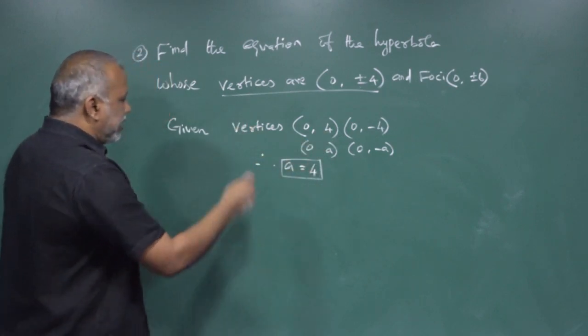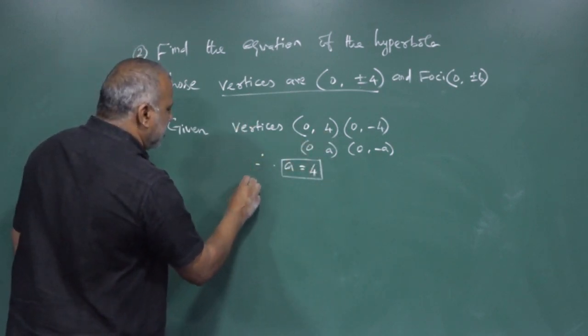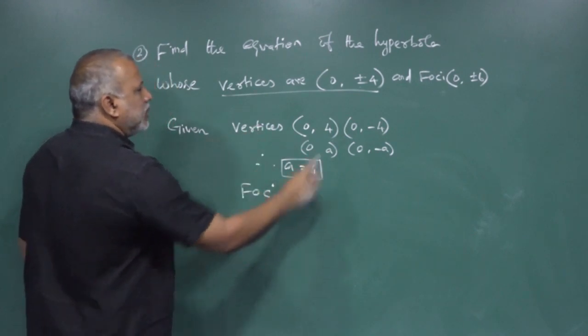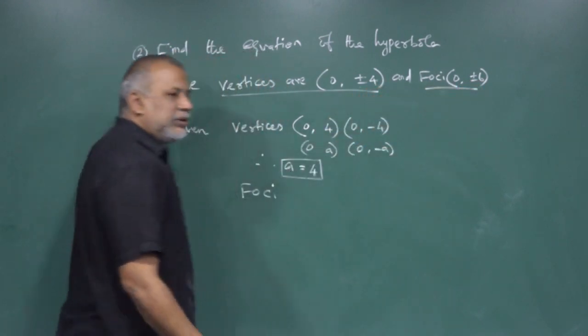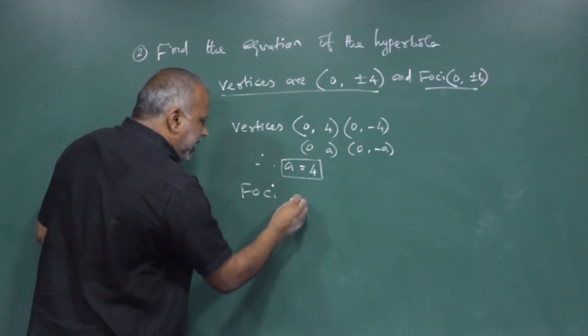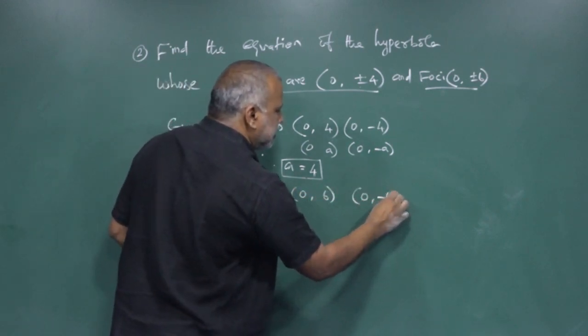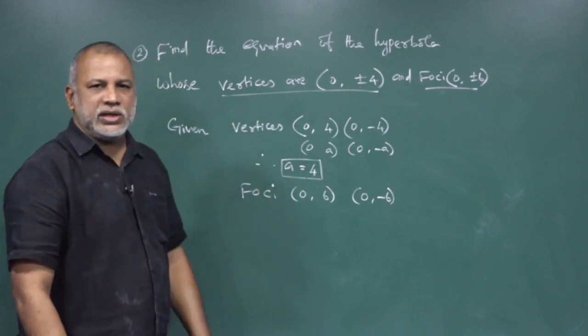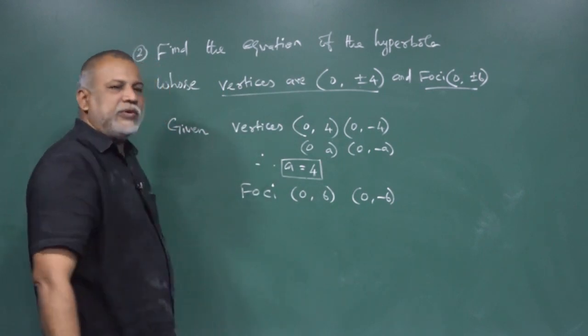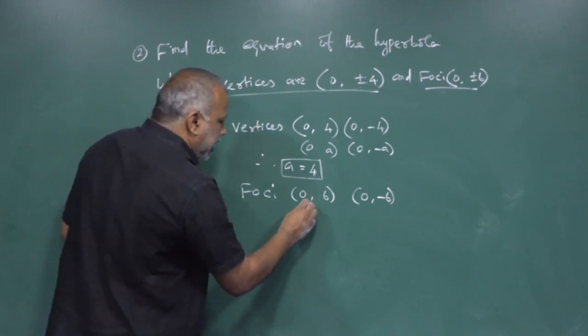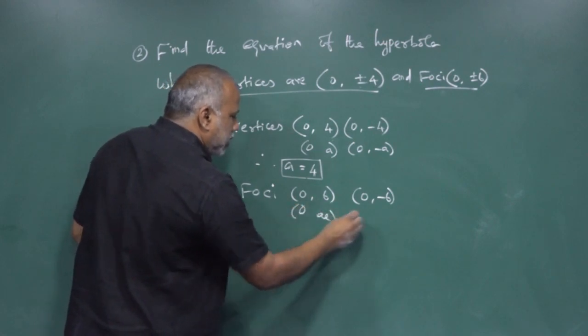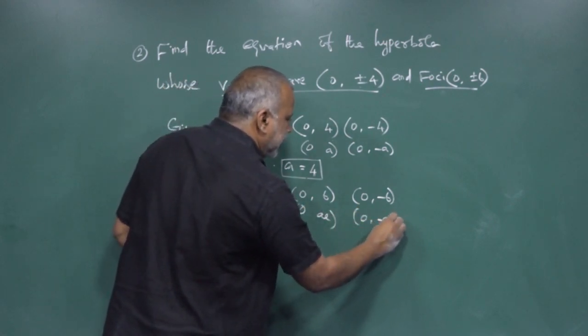In the same way, another one is given: foci are 0, plus or minus 6. So I can write like this, 0, 6 and 0, minus 6. For comparison, we are taking it like this. What is the formula for foci? 0, ae and 0, minus ae.